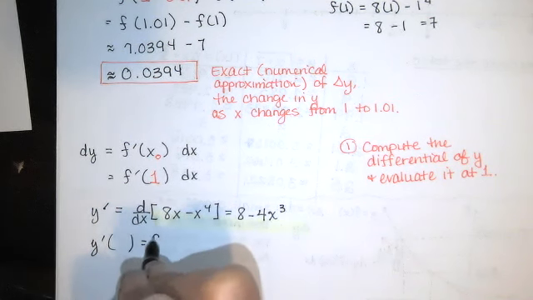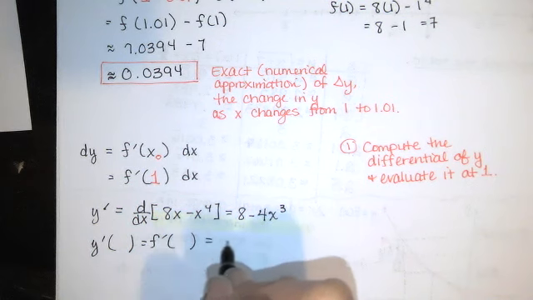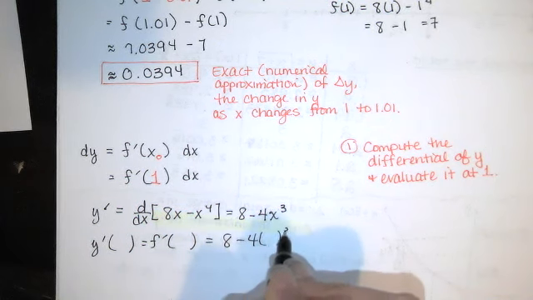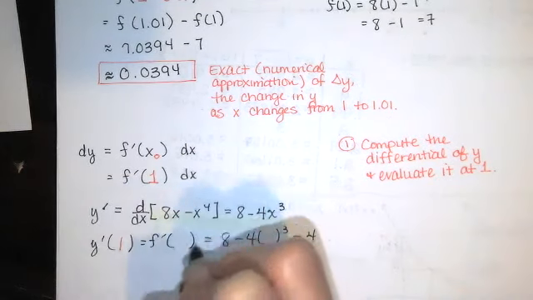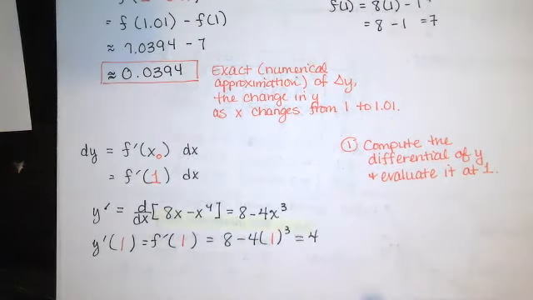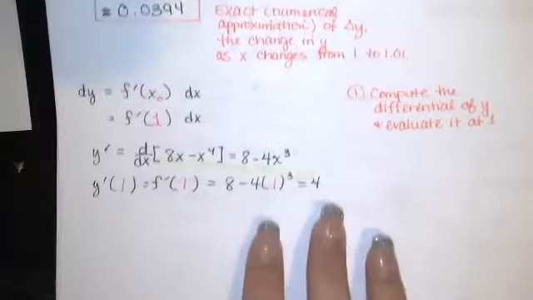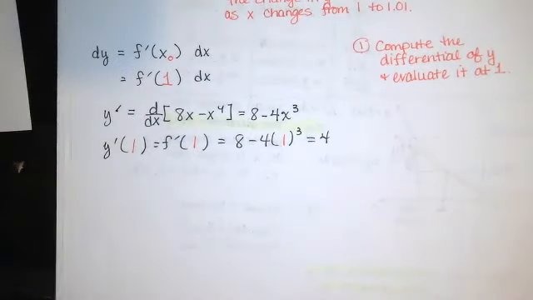Y prime at 1 is the same as f prime at 1. And of course, I think we can all see that 8 minus 4 is going to give us 4. Okay, so the slope at this point is, excuse me, is m equals 4.